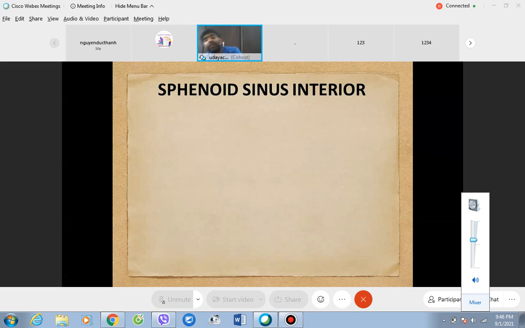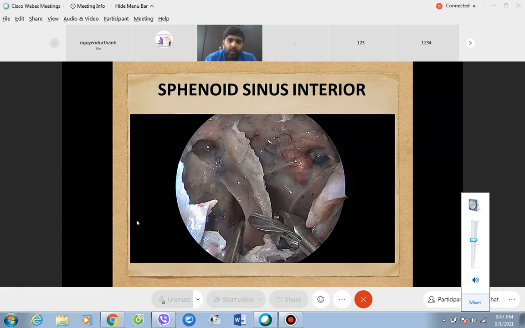Coming to the interior of the sphenoid sinus. The sphenoid sinus interior is another important thing because we have many landmarks located inside it. So we all know the sphenoid sinus is divided into two. There are two sphenoid sinuses separated by the intersphenoid septum, which is generally often not located in the center.